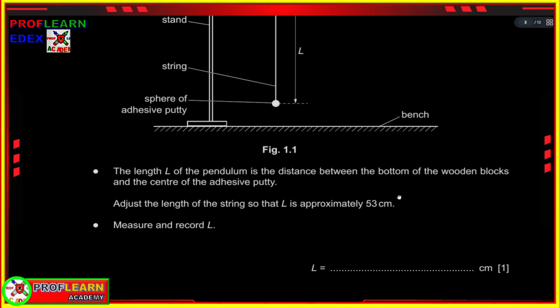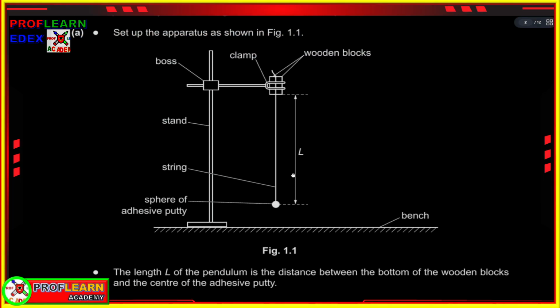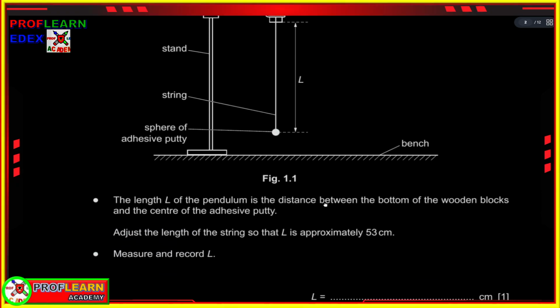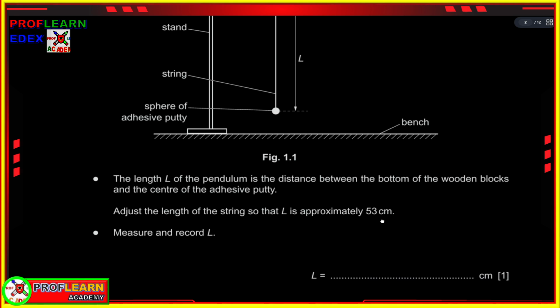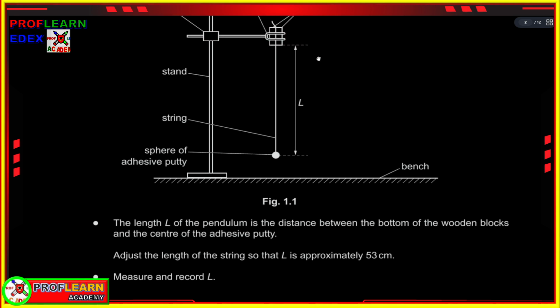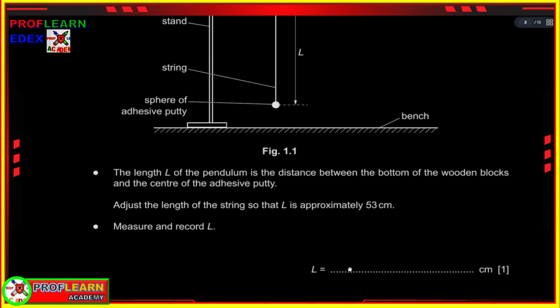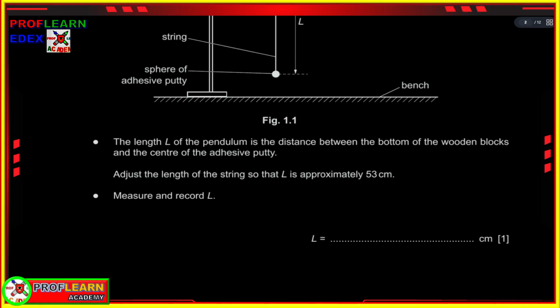Now for instance, you see here there is a length that is provided. They are telling you approximately 53 centimeters. Why are they telling you approximately 53 centimeters? And again, they are telling you to record that reading down here.